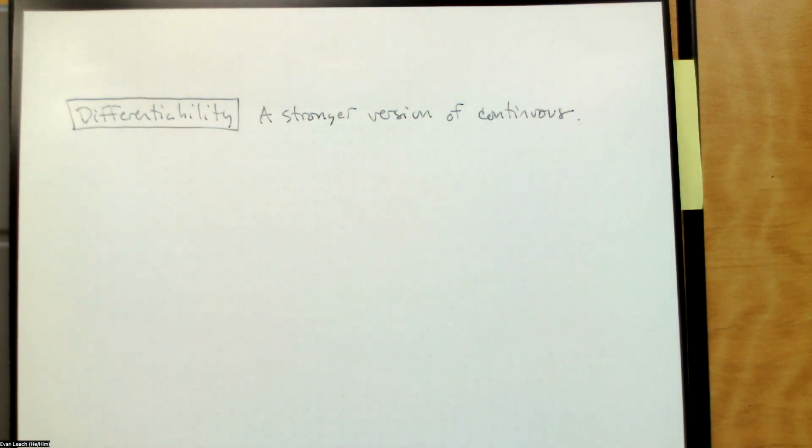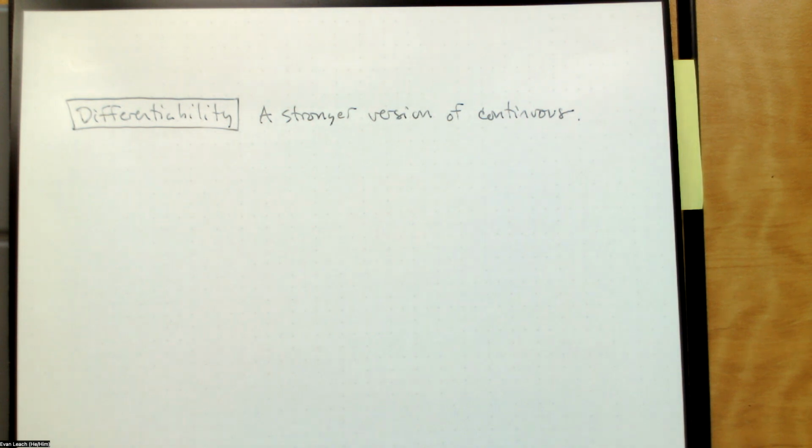Differentiability is a stronger version of continuity. It takes continuity and adds stuff to it. What we want out of differentiability is for a curve to be smooth. The idea is we say a function is differentiable at a point if we can put a tangent line there. That's going to be our intuitive idea about differentiability.